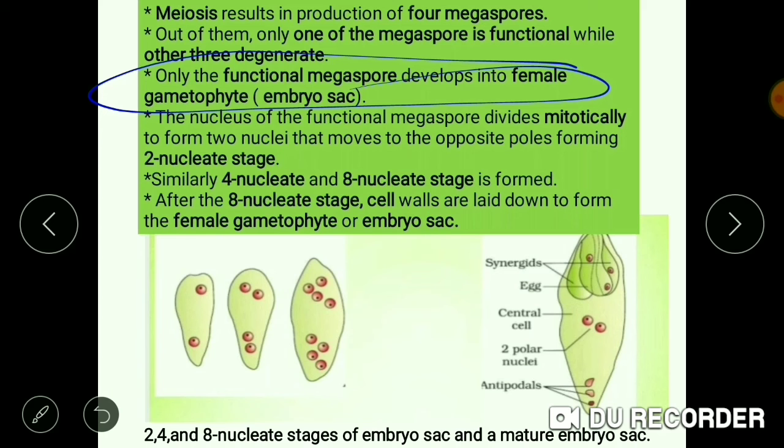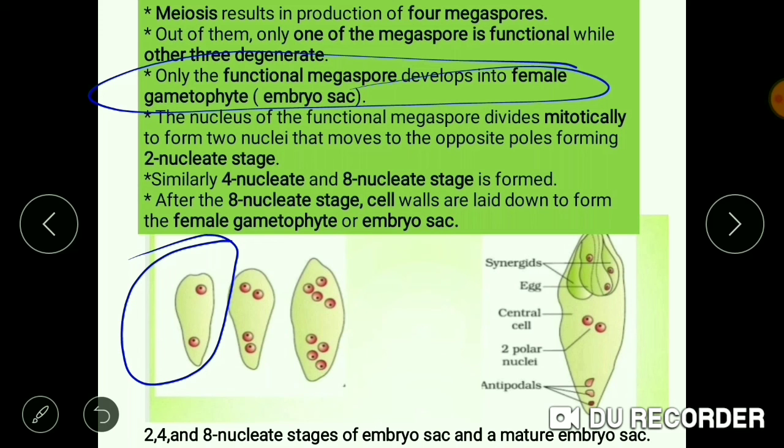It undergoes the process of mitosis repeatedly. How does this happen? See in the diagram here. This is the functional megaspore which has undergone mitosis, and so the nucleus divided into two, which have moved towards the opposite poles.